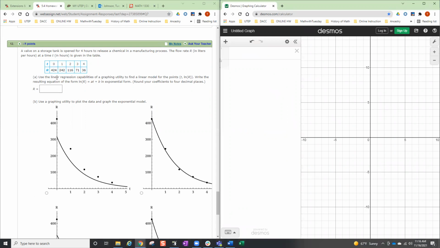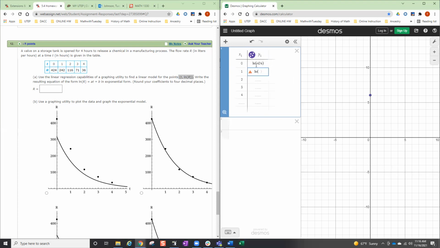What I'm looking for is linear regression capabilities in my graphing utility. But we're looking for points of the form t comma natural log of r. So I'm going to go to the table. So use the plus sign, go to the table. My x1 values are going to be my t values. All right. And my y values will be ln of 424.